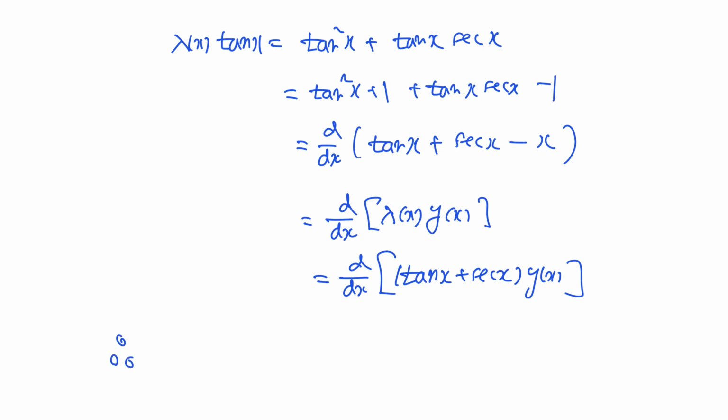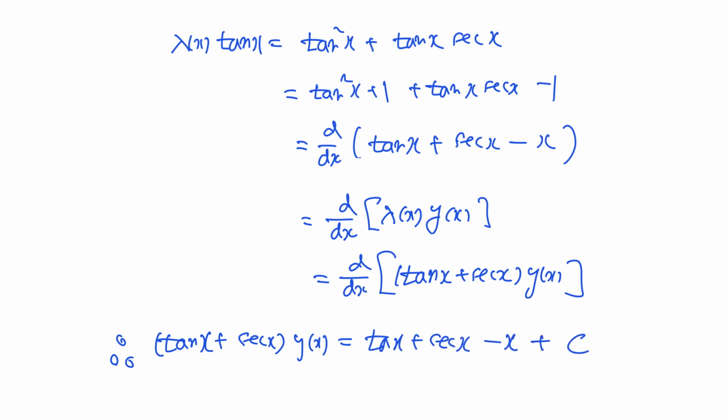Therefore, (tangent x plus secant x) y(x) is tangent x plus secant x minus x plus c. So y(x) is simply 1 plus (c minus x) over (tangent x plus secant x).